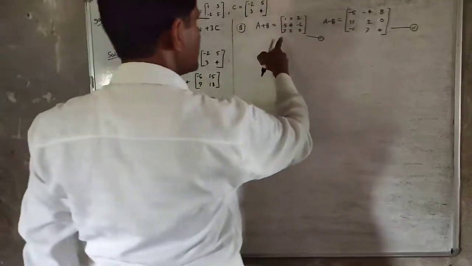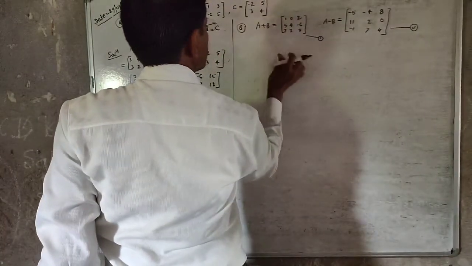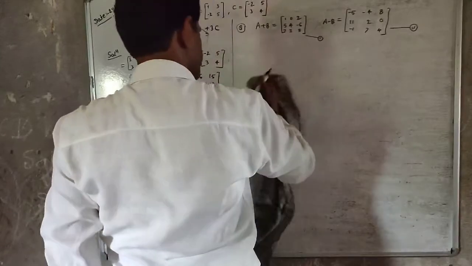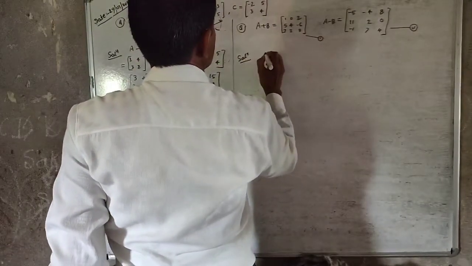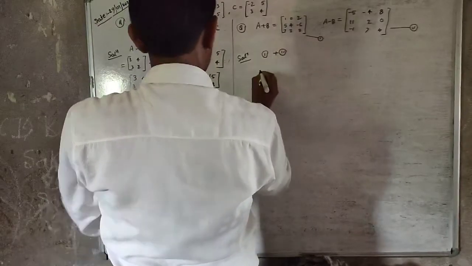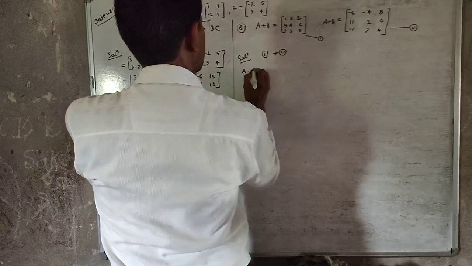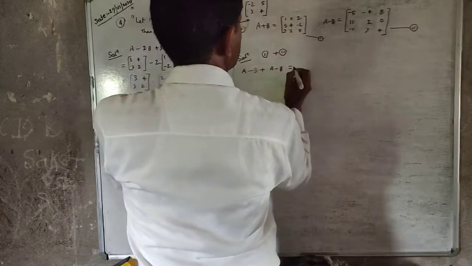If we add the relation first with relation second, then first plus second is A plus B plus A minus B.